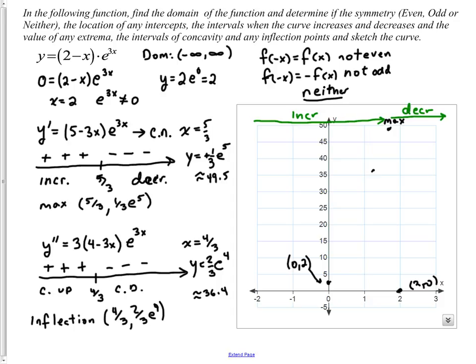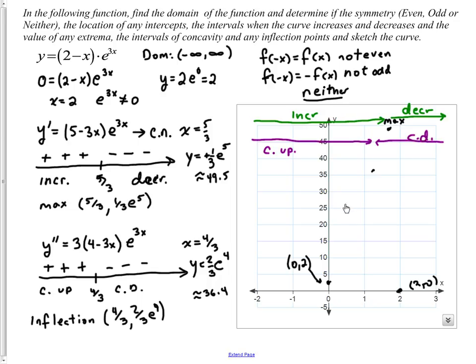We'll also note that this function is going to be concave up all the way up to our value at x equals 4/3. So we're going to have a concave up shape. And then from 4/3 onward, it's going to be concave down.